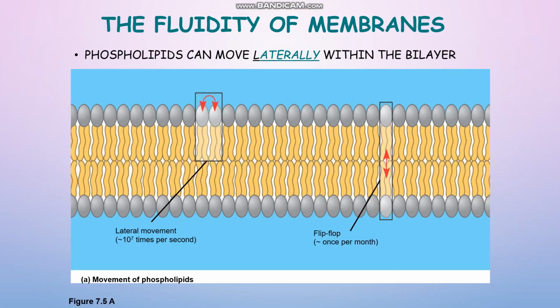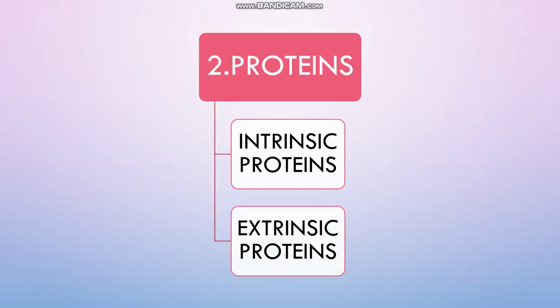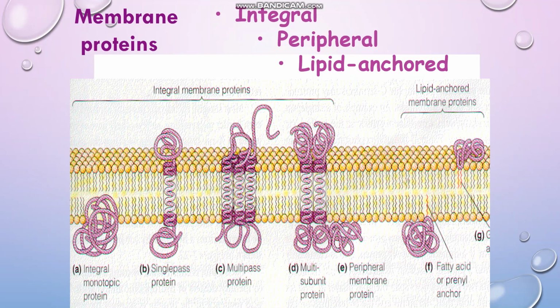The membranes have the property of fluidity. The phospholipid can move laterally within the bilayer or from one layer to another layer. The proteins are of two types: intrinsic proteins and extrinsic proteins. The extrinsic proteins are present on the outside surface of the plasma membrane, and intrinsic proteins are embedded within the phospholipid bilayer.